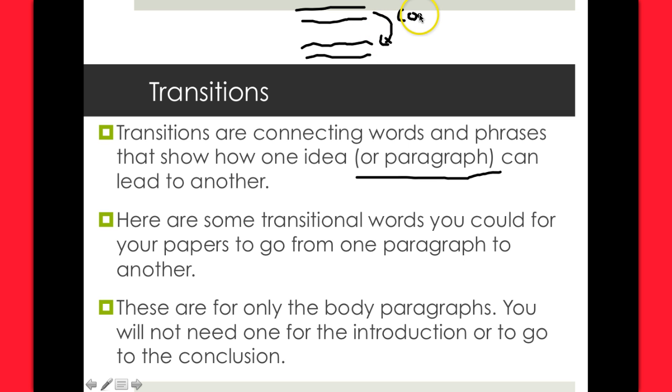You need to make sure that they connect. And this is only for the body paragraphs. You don't need a connection from your introduction to your first body because you already told us what it's going to be about. And you don't need one from your last paragraph to your conclusion because that's just a conclusion, okay? So really, you'll have about two, maybe three transitions altogether.